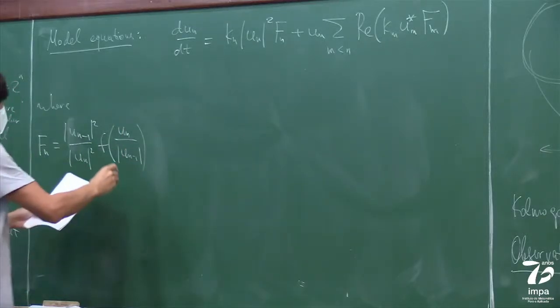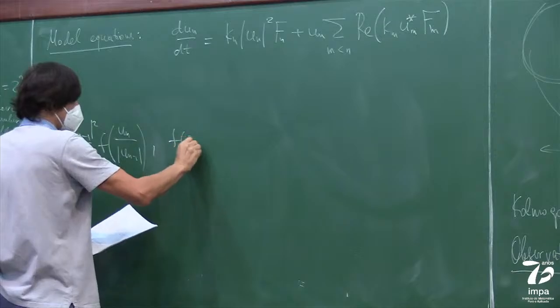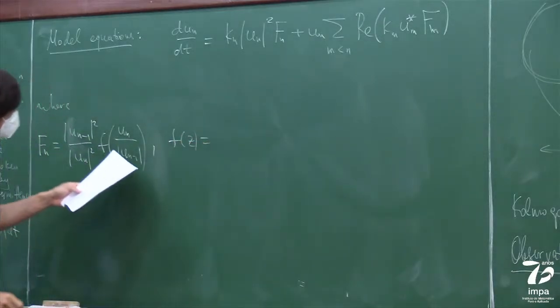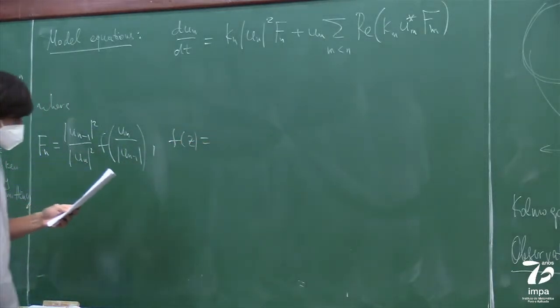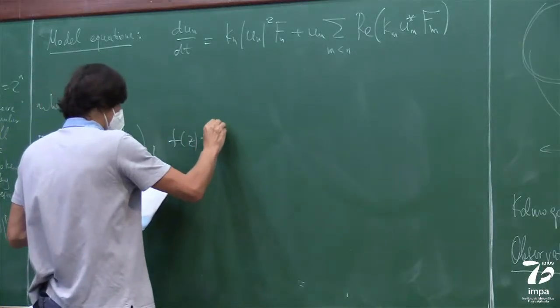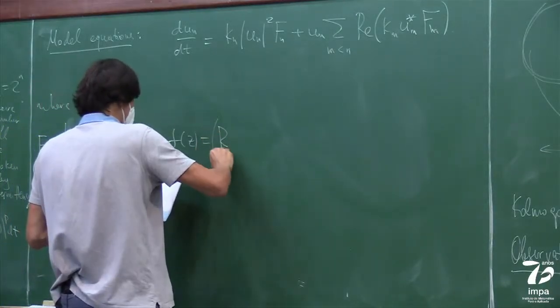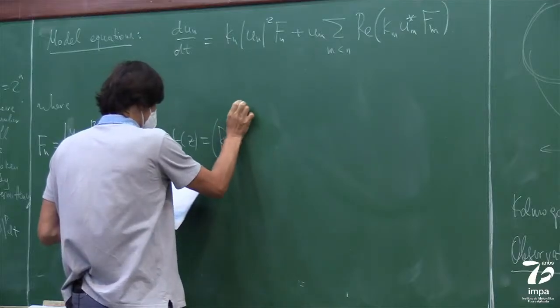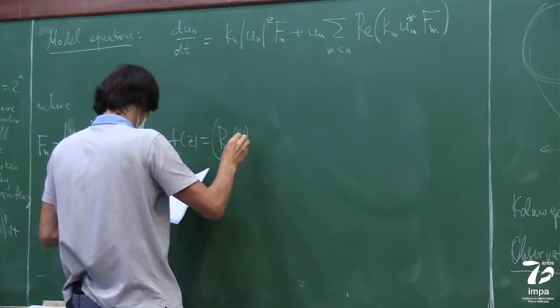This is Fn, and now we have to define what is small f. Small f is a function of a complex number, and it will be defined for one more function.